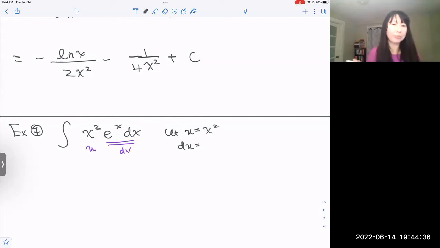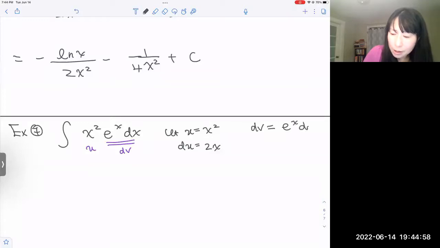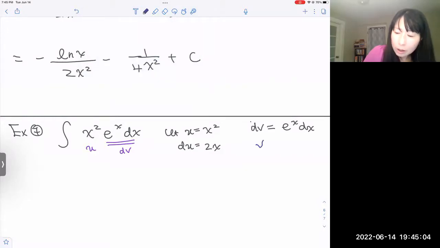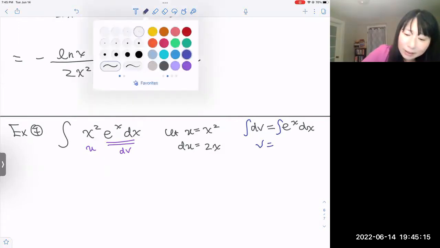What do you get? With the derivative x squared, 2x, very good. Now dv, which is e to the x dx. Now we want to find the v, then we do integrate both sides to find the v. Then what do you get? Antiderivative of e to the x? Yes, e to the x, very good.